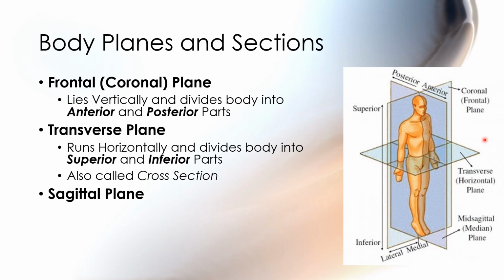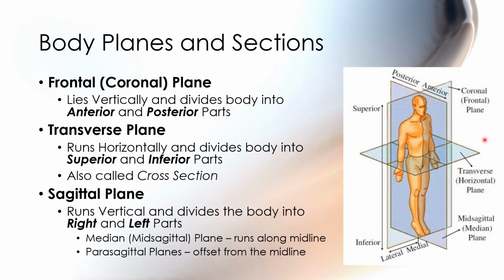Okay. And then the last plane is a sagittal plane. So it's another vertical division up and down, but instead of having an anterior and posterior division, you're going to have a right and a left division. Okay. And we can call it either mid-sagittal if it's right on midline.